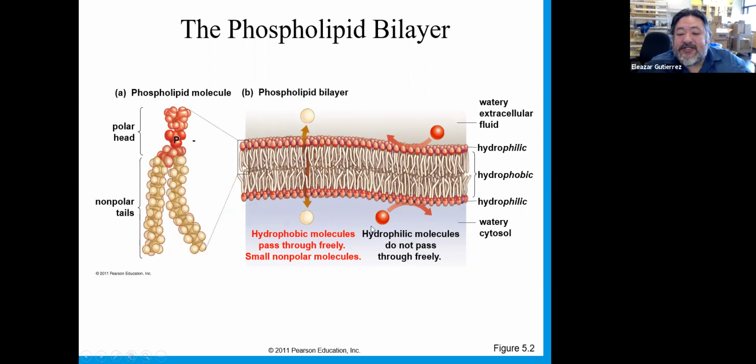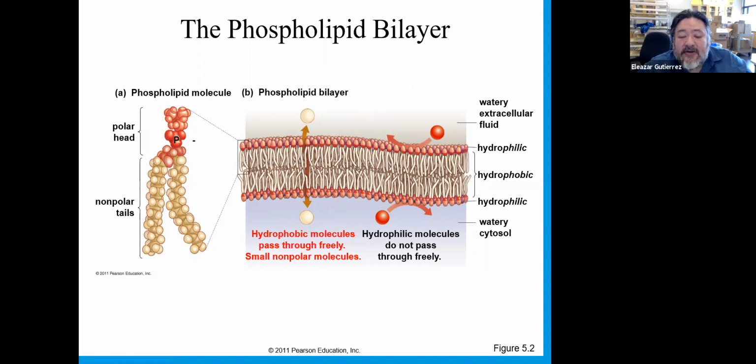So this is the inside of the cell, and this is the outside of the cell, right? And there's one thing that is common to both sides of the plasma membrane: it is a water environment. So the inside of the cell is a water environment, and the outside of the cell is a water environment, okay? In science, we call that an aqueous environment. So this is an aqueous environment here, and this is an aqueous environment here, okay?